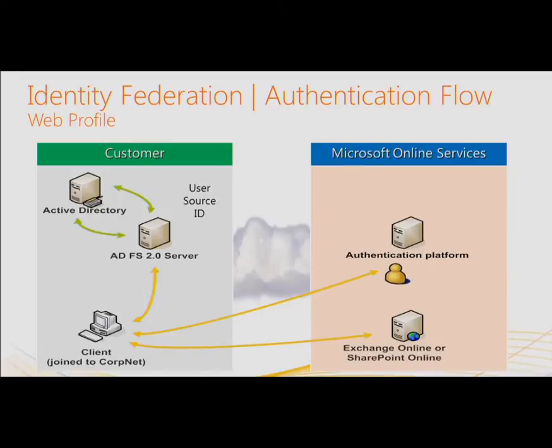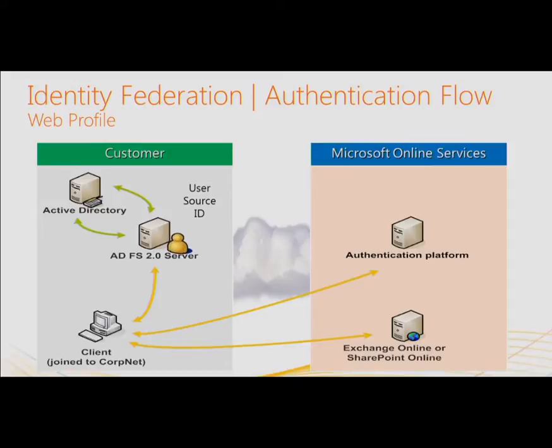The authentication platform will recognize that we have a federation trust between your Active Directory and the Microsoft Online Services infrastructure. So we'll send back the user to the local infrastructure to validate his credential using the local ADFS server.